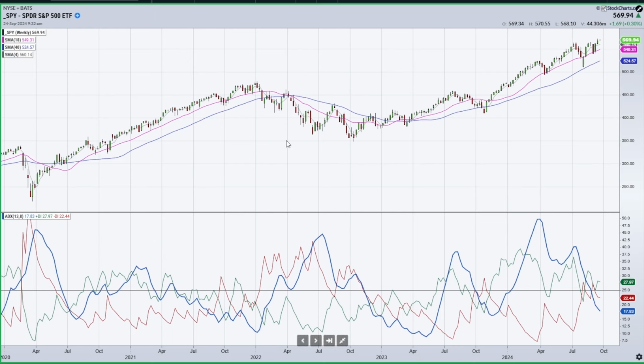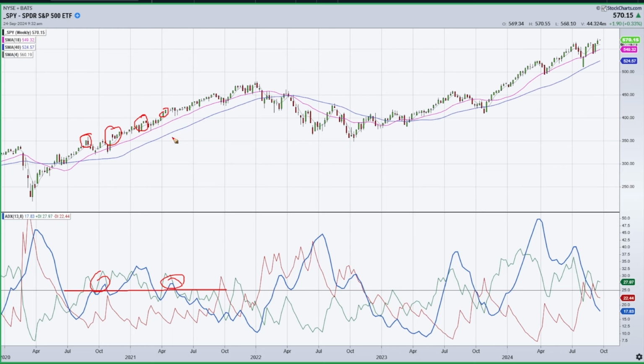Now, I do want to take a minute and give you a few basic concepts here. If we're moving up based on the buyers, we want to compare. So this is the 25 line. We want to look at every peak in price, and every time we make a new peak, we want to make sure the green DI is confirming by making a move above the 25 line.